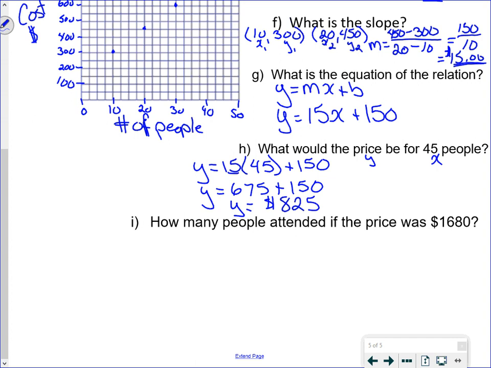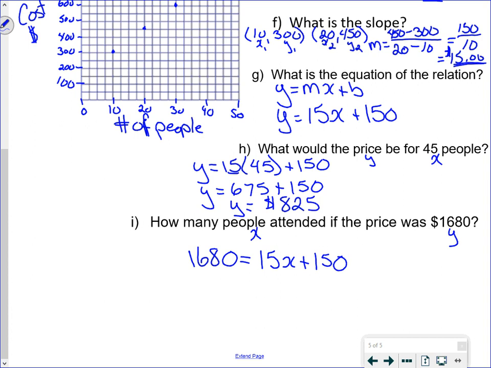The last question says, how many people attended if the price was $1,680? How many people, that is the x variable, and the price, again, is the y variable. If we look at our table of values, in the x column is the people, in the y column is the cost. So we will have, our y is 1680, and this equals 15x plus 150.